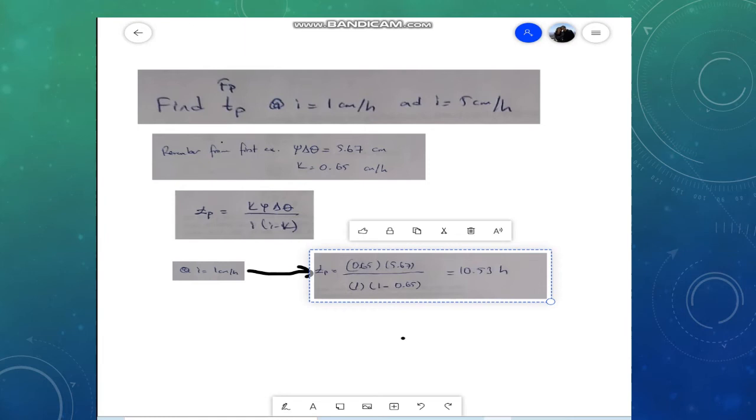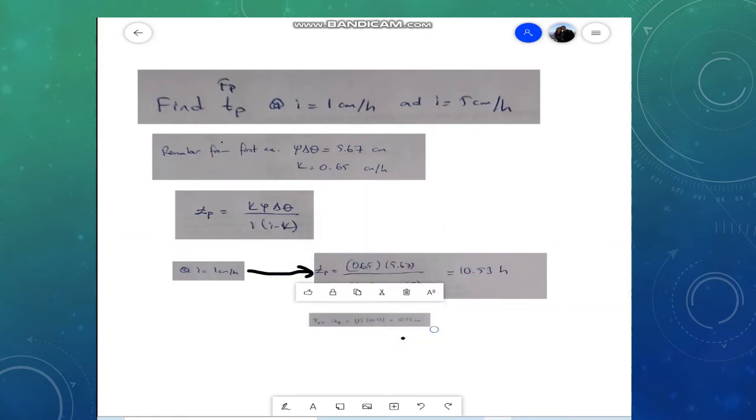So that means in order to pond the water over the surface, it needs 10.5 hours at 1 centimeter per hour intensity of rain. And during these 10 hours, how much water infiltrates? Let's calculate this one because it's constant.